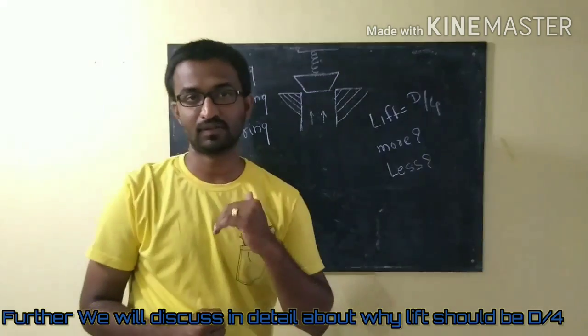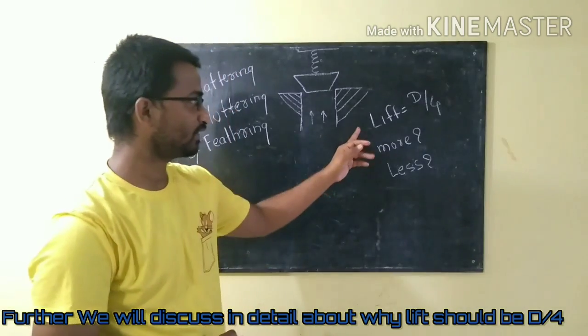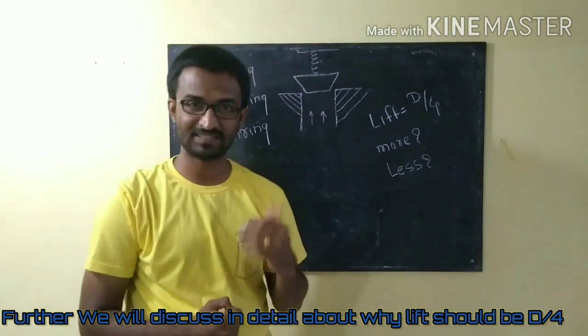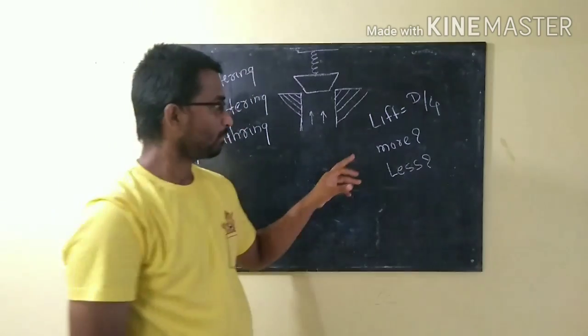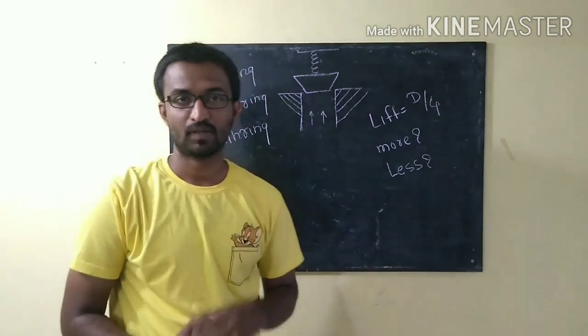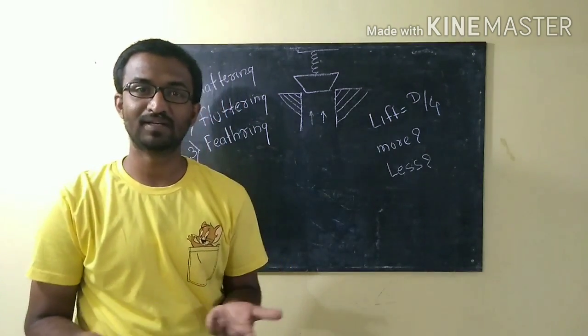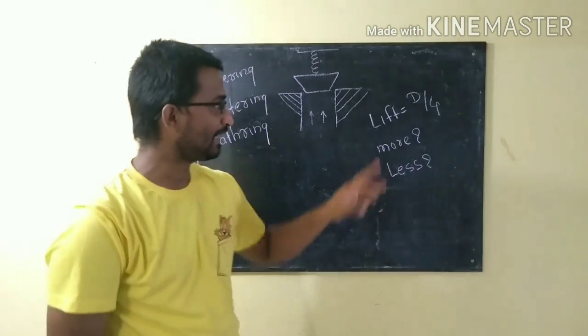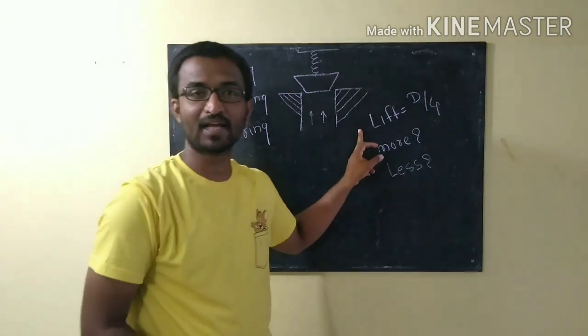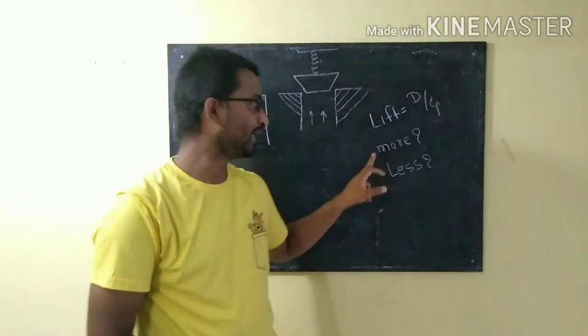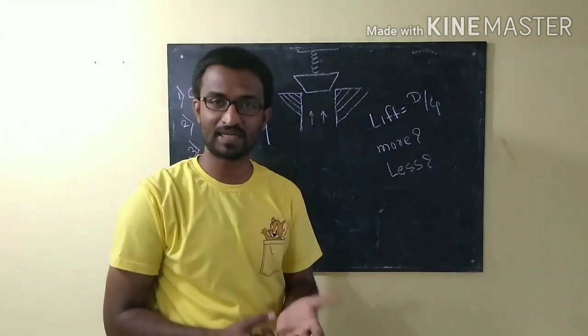Because when the lift is D by 4, the accumulation of pressure is 0. If the lift is more than D by 4, it is a waste of effort, because at D by 4 lift you already get zero accumulation.